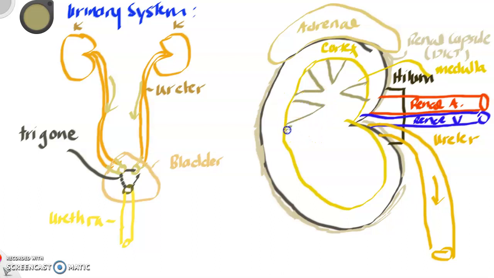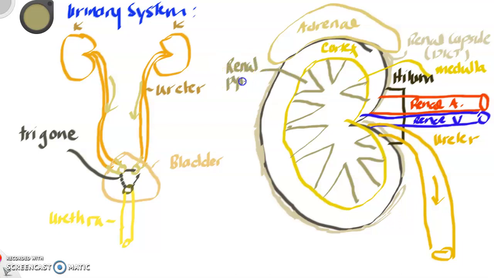And in the kidney, it's really obvious and really cool. But it has these like pizza slice looking things that are within it. And these little pizza slices are called pyramids. So these are called the renal pyramids.